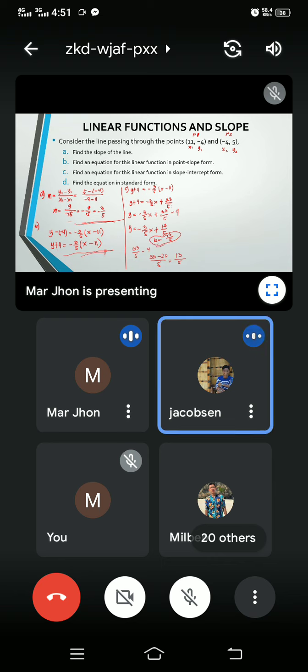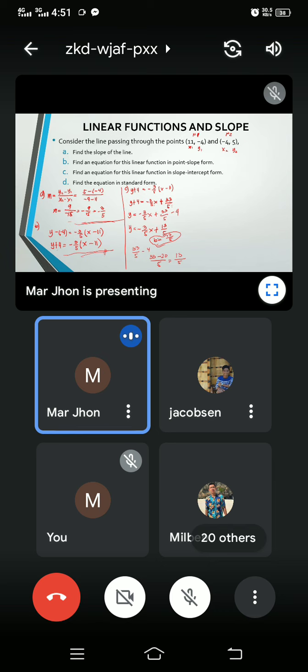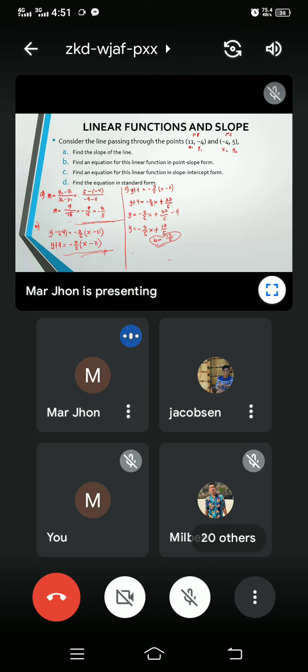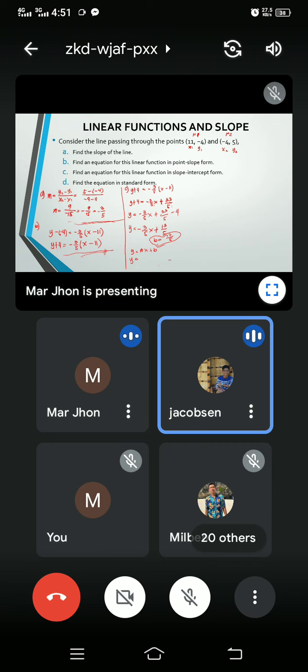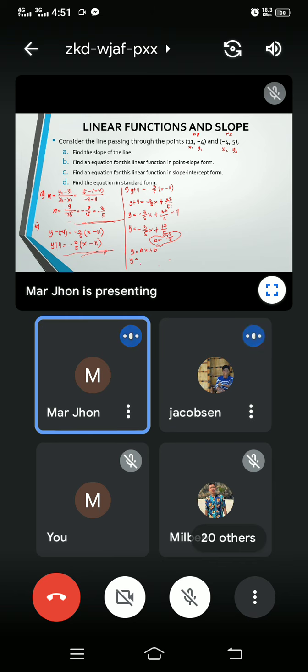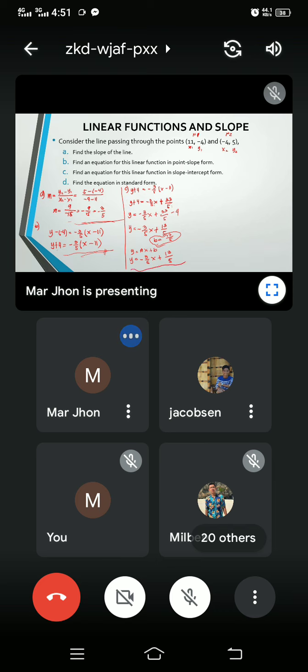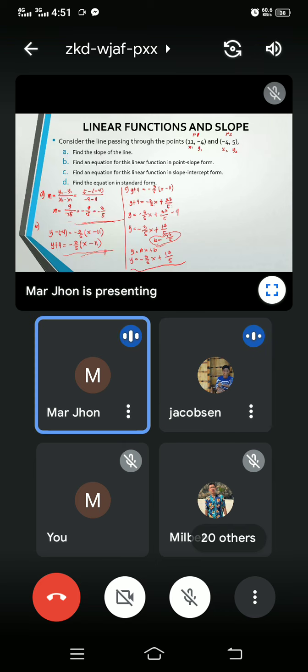So, now that you have B, you can create your line. From that, you can create y is equal to mx plus b. So, y is equal to your slope, negative 3/5 x plus 13 over 5. So, you have now your slope intercept form of the equation.